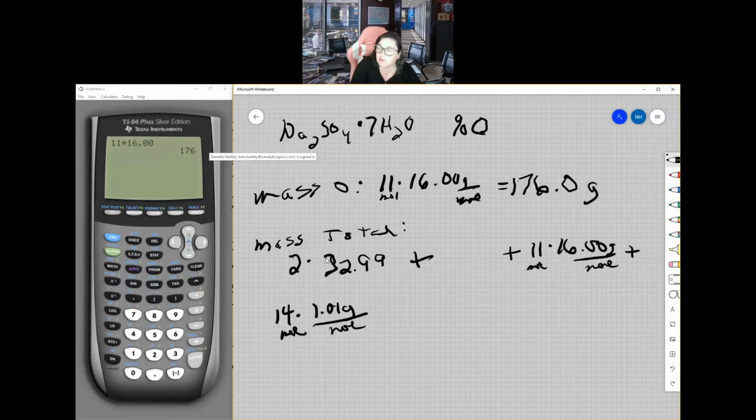That's a terrible 2. 22.99 grams per mole. Plus 1 mole times the mass of sulfur. Sulfur is number 16. It has a mass of 32.07.